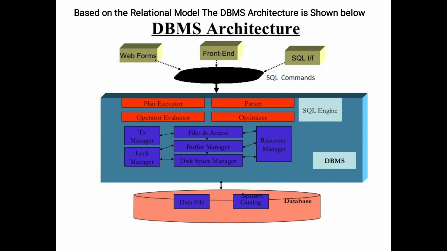Coming to files and access, there are two kinds of file access, sequential and random, and based on the requirement their work goes on. We have a lot of methods available for accessing; in the upcoming sessions we will discuss those concepts in depth. The buffer manager is responsible for bringing pages from the physical disk to the main memory.